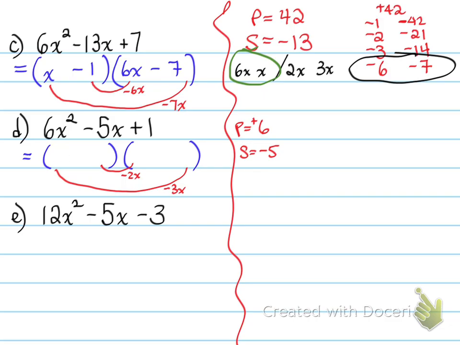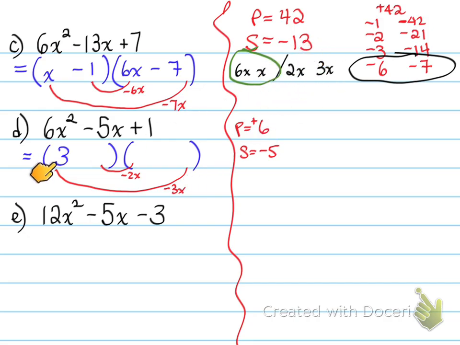And with negative 2x and negative 3x, we need to look at what combos make up the 6x squared. We know it's got to be 6x and x or 2x and 3x. We know based on these numbers that 2x and 3x are going to work this time.